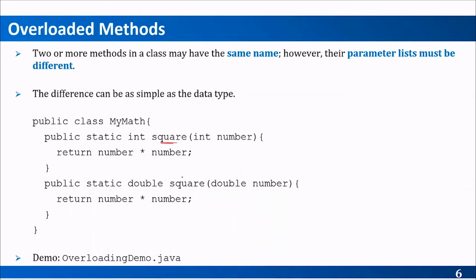And you will notice that there is another method within the scope of the class that is also called square. Now these two methods, even though they are both called square, one of them is taking an int and the other is taking a double. In that sense, we say that the square method is overloaded.